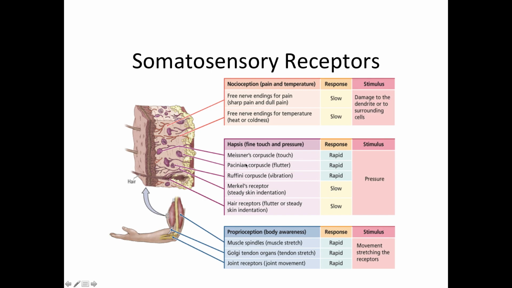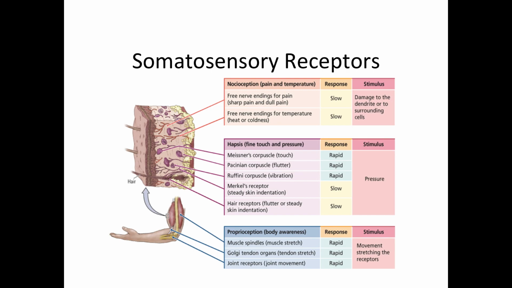An example of that is Meissner's corpuscle. It is important for touch, and you have the Ruffini endings, which are right here, and those are important for vibrations. So the responses of haptic receptors are either very fast or slow, like I just said.